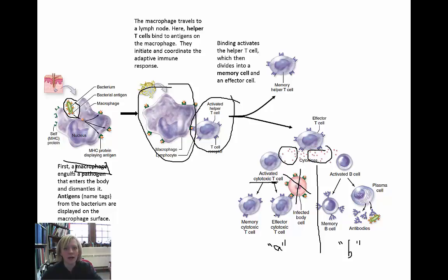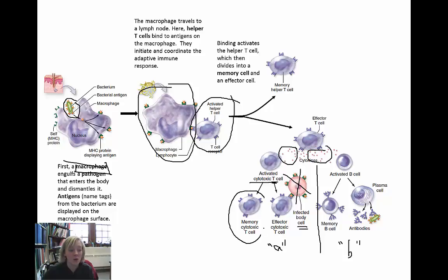Immediately when a body has been infected, those bacteria start to reproduce by binary fission. So body cells are infected, macrophages are coming into contact with some of the bacteria, and all this is occurring simultaneously. So again, the target over here with the cellular response are the body cells, and those are destroyed by the cytotoxic T cells.